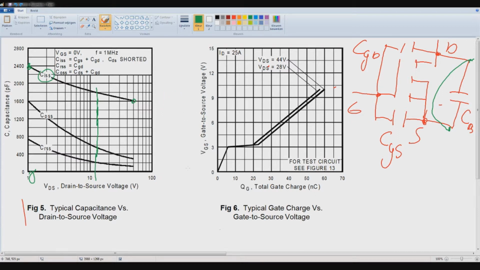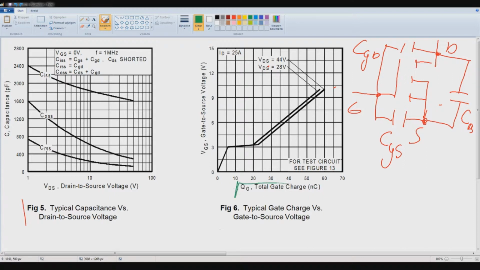What's next is figure 6, which is important for the next episode, which is gate driving. So let's take a close look at that. Typical gate charge versus gate to source voltage.